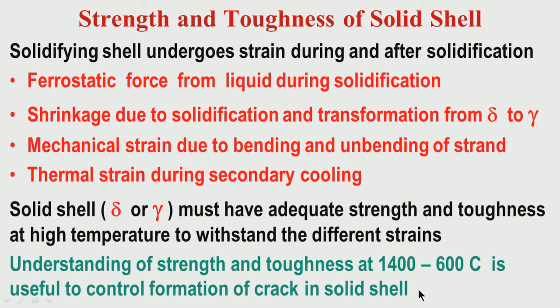During solidification, as I have told you, the mode of solidification, the chemistry, and the extent of segregation will determine the actual thickness of the solid shell. But after solidification, that means when the solid shell is 100%, you do not have any liquid, you do not have any mushy zone, there also the strength and toughness of the shell is important.